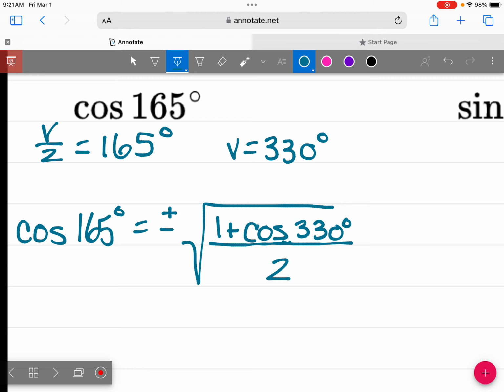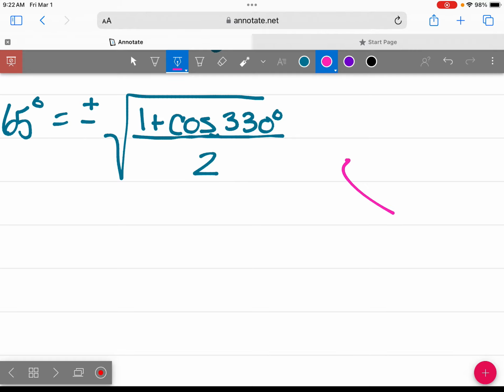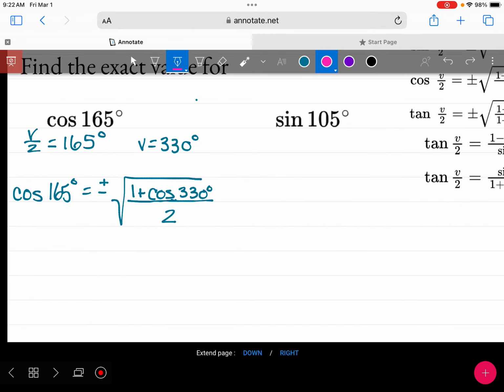Not a super fan of us having that plus or minus right there. So I wonder if we can figure out if this is going to be positive or negative. Angle 165 is in what quadrant? Quadrant 2. This is the guy we're asking about, right? He's in quadrant 2. In quadrant 2, is cosine positive or negative?